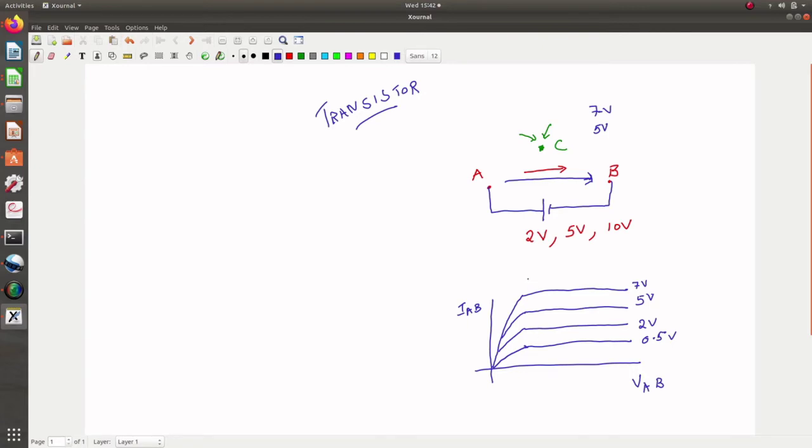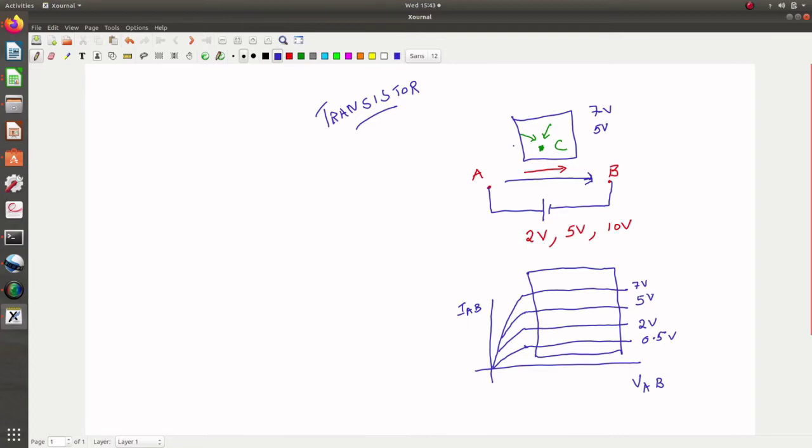But in a position in this area, the current flowing between A and B does not depend on the voltage applied across A and B, but it is being controlled by the voltage applied or the current injected at the third node C. This type of action is the basic objective of a transistor.